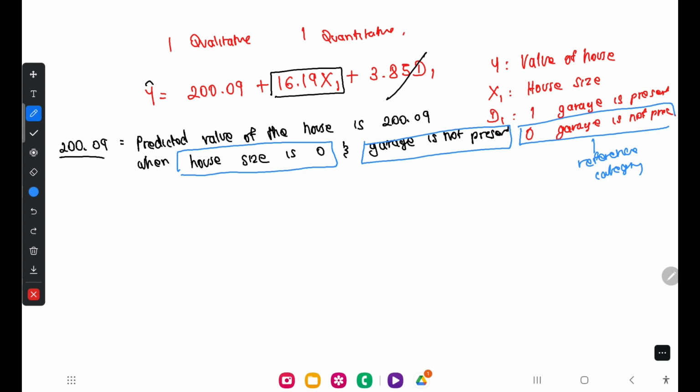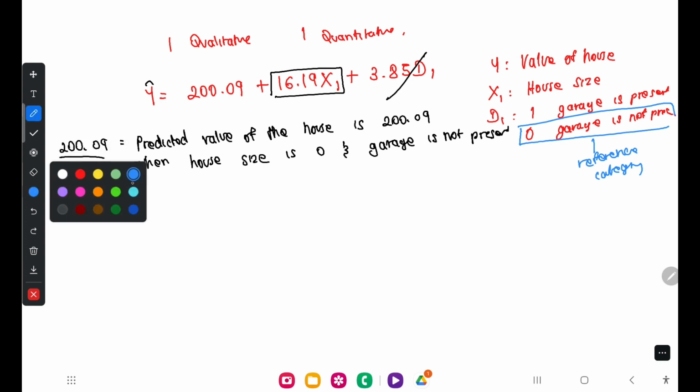Now let's move on to the interpretation of the rest of the variables. The next one is 16.19. So since there are two variables here, we have to keep one constant. What is going to be constant now? The dummy variable.